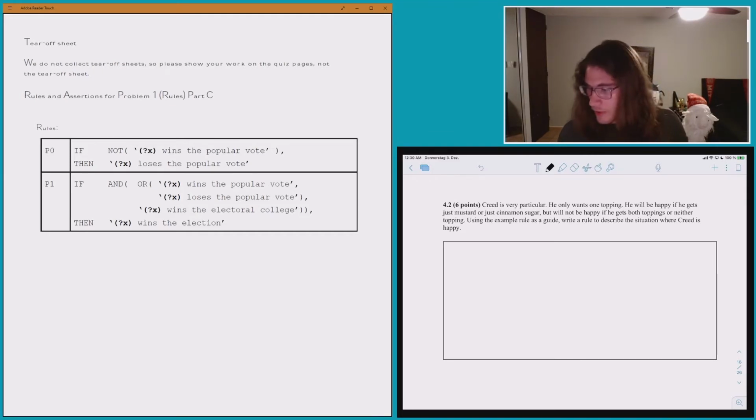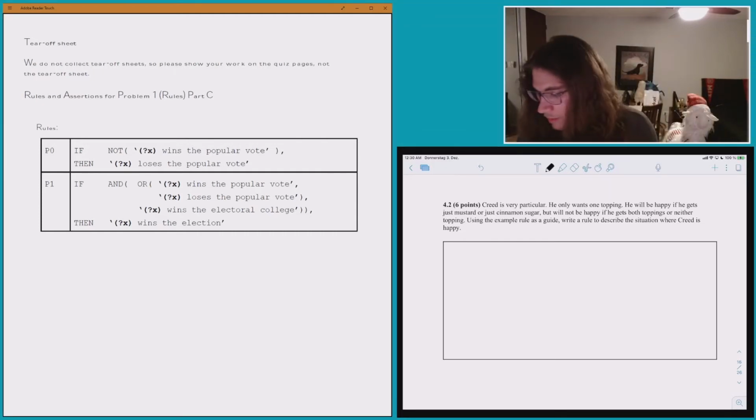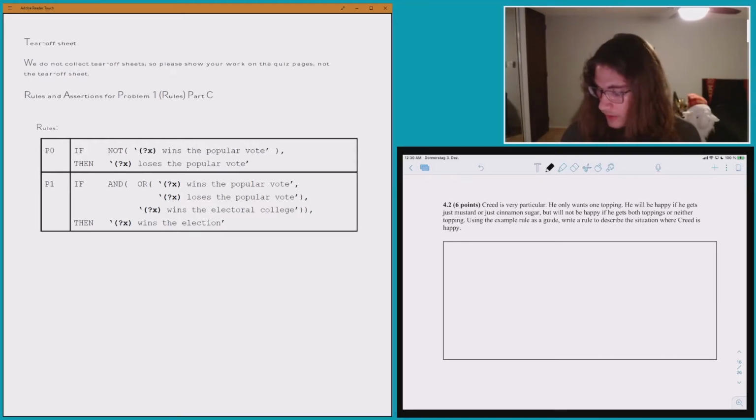Now we're doing it for Creed, and this one will be complicated because, let's see, only one topping can be true, but not both, and it's only two of them. So this one might be a little bit more complicated.